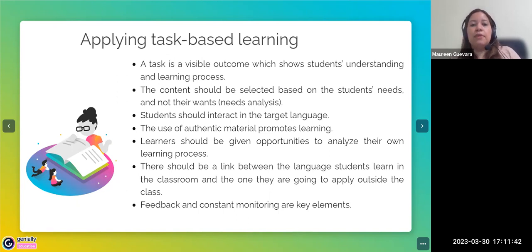If we give them feedback during the whole process since the beginning, they can start working on that, they can start monitoring and self-regulating themselves. And that's why we can also promote some metacognitive strategies so that they can realize their own progress. So these are just ideas for you to keep in mind when we are applying task-based learning.